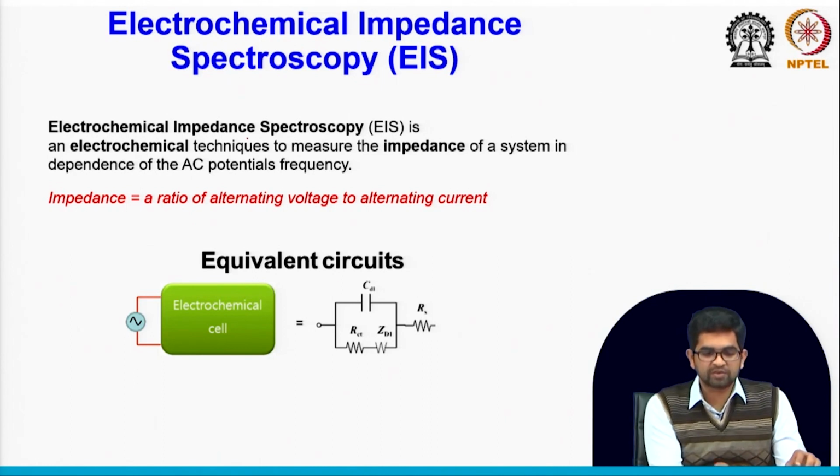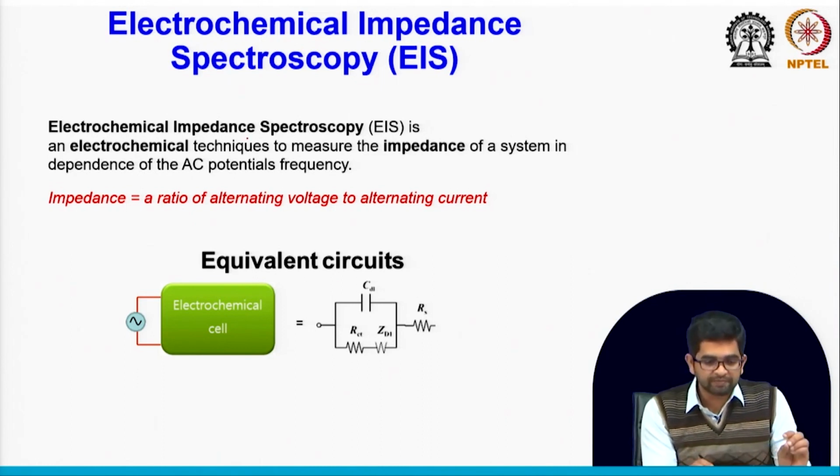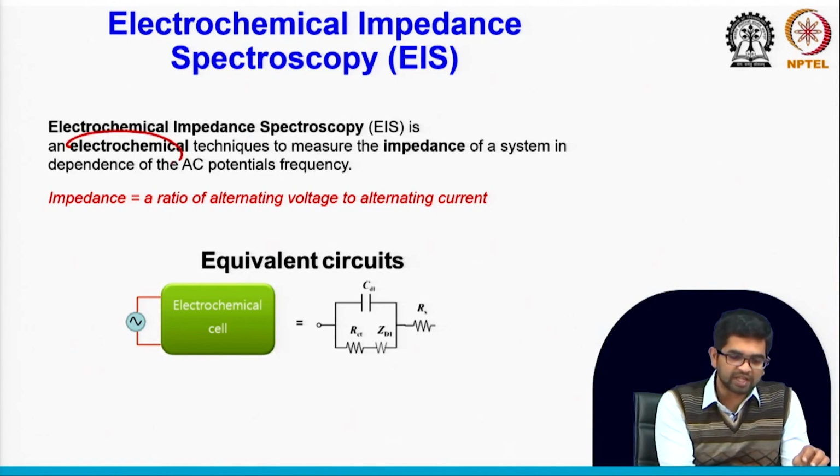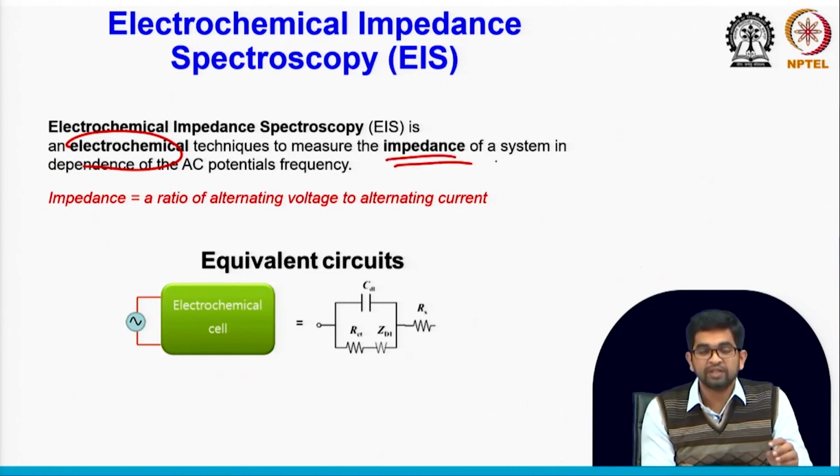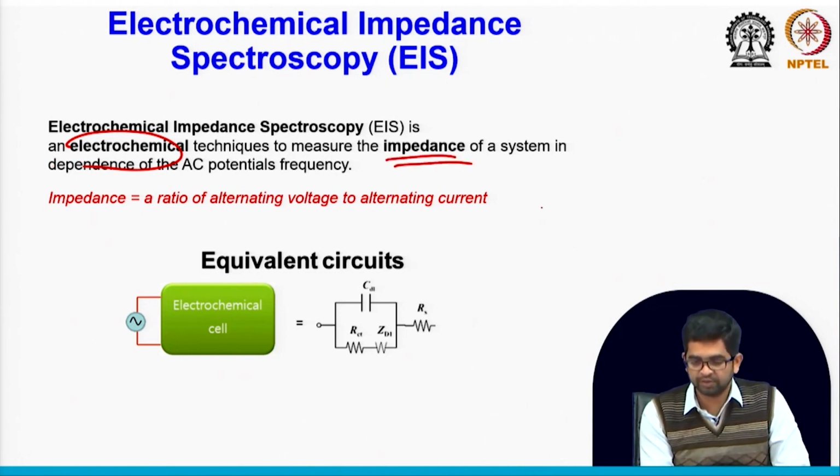EIS is basically electrochemical impedance spectroscopy. It is definitely an electrochemical technique that helps to measure the impedance of your sensor surface. Suppose you have sensor surface 1 and 2.